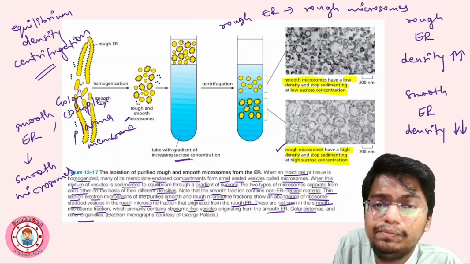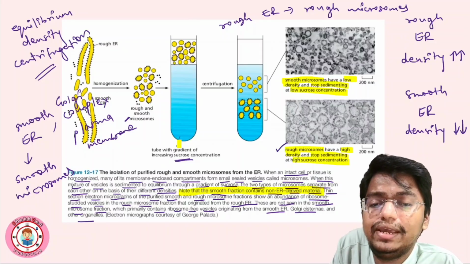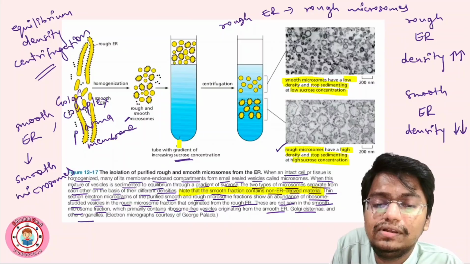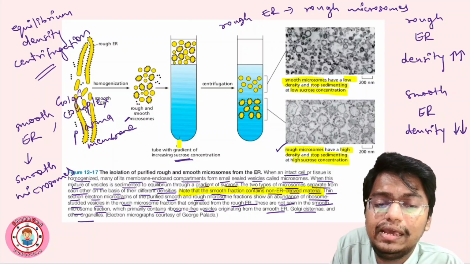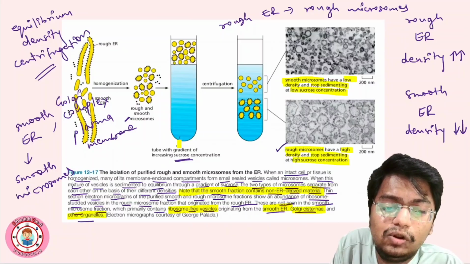This sentence is very important. I will highlight that again. Note that the smooth fraction contains non-ER derived material. तो smooth fraction में non-ER derived material है because that smooth microsomes are basically ribosome free vesicles originating from smooth ER, Golgi cisternae and other organelles.